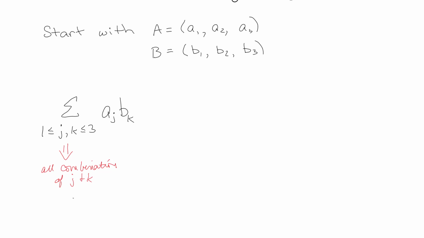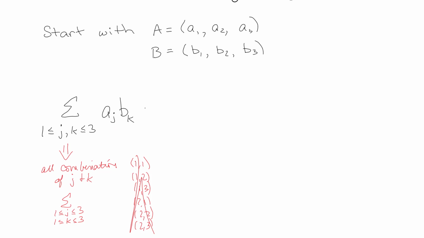Another way you could write it is to say j can go between 1 and 3, and then k can go between 1 and 3 at the same time. But really it means 1,1, 1,2, 1,3, and then 2,1, 2,2, 2,3, and then 3,1, 3,2, 3,3, of these subscripts where j and k are each one of those values.